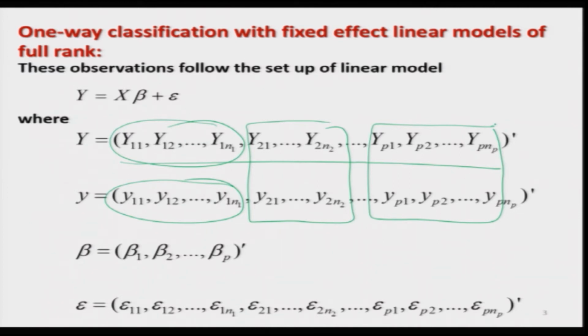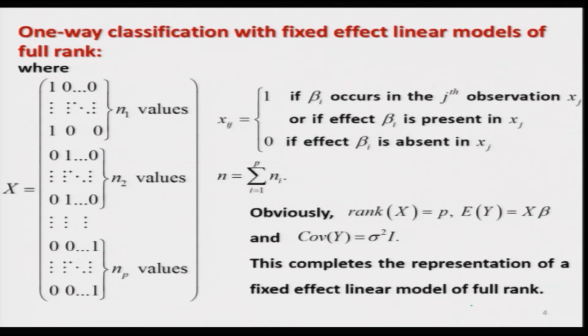The coefficient vector beta is beta 1, beta 2, up to beta p, and similarly you have expressed here the random error components. That we did in the last lecture, and we had also discussed how the design matrix X is going to look.